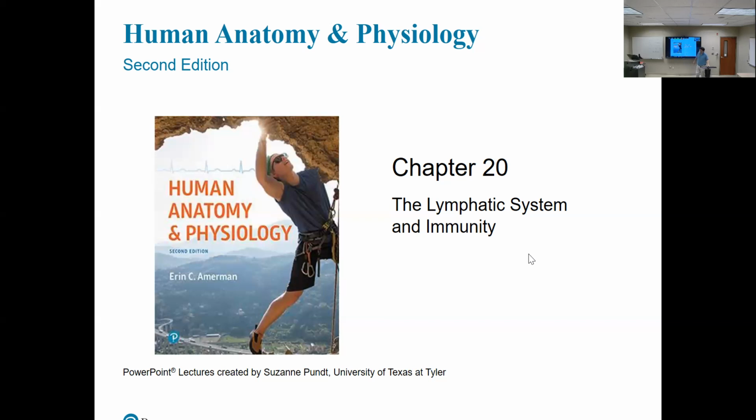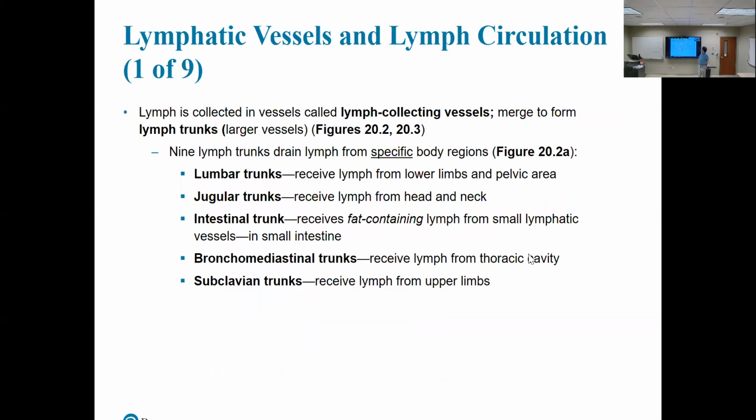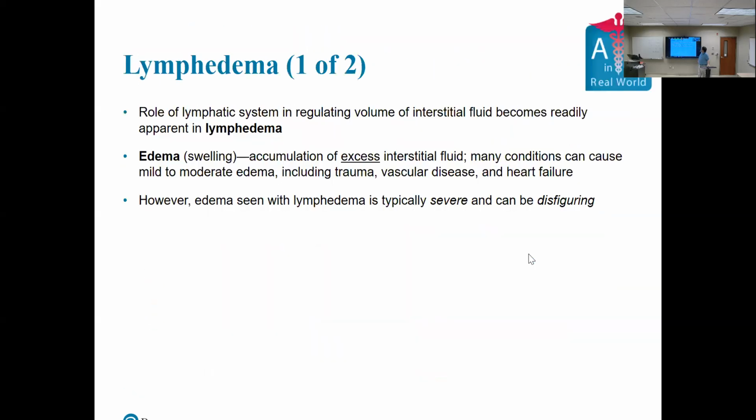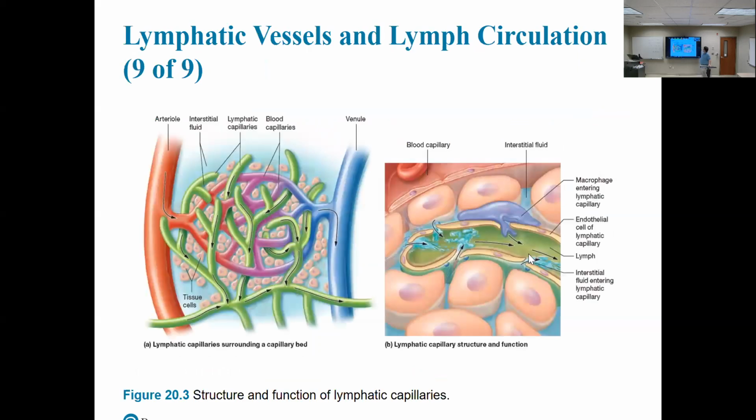Okay, let me show you what I'm talking about. I'm going to jump way ahead here, but I think this will help. What's happening here, I'm talking about this exchange right here. On the arterial side, the hydrostatic pressure pushes water out, and all the things in the water feed and nourish the cells, right? Nutrients and hormones and vitamins, everything they need.